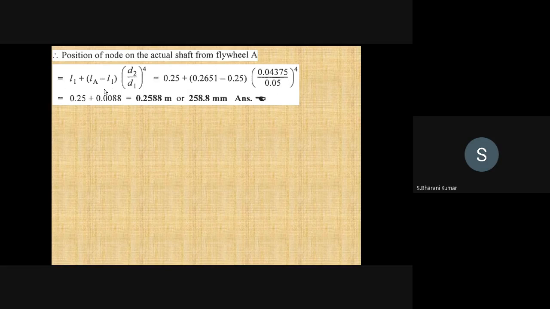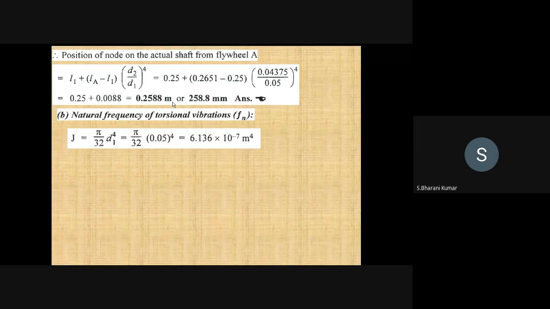This formula is only for this sum. So L1 plus LA minus L1 (D2 by D1) to the power of 4. Put in the values and you get 0.2588 meters.